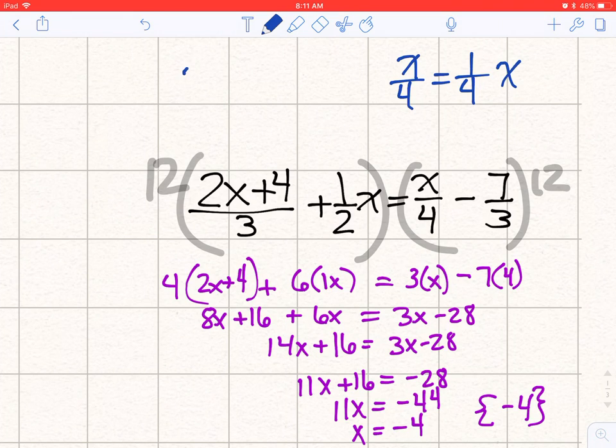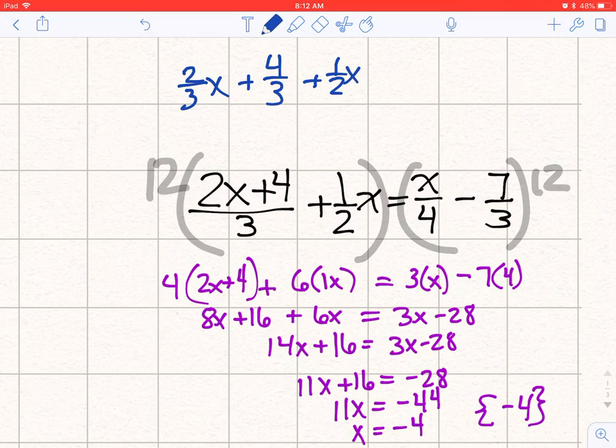If you really wanted to, you could have distributed and made each of these terms separate. Equals 1/4 x, 7/3. So you could have done this as well. So if you only have one number in that denominator, we can distribute that through the bottom. Okay?